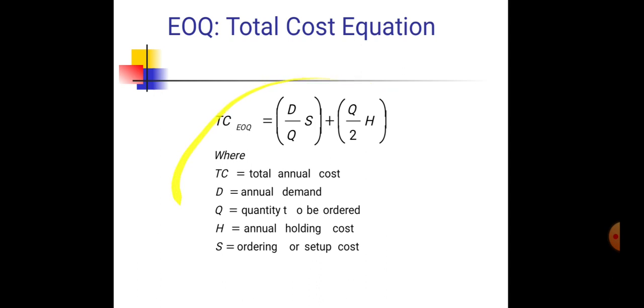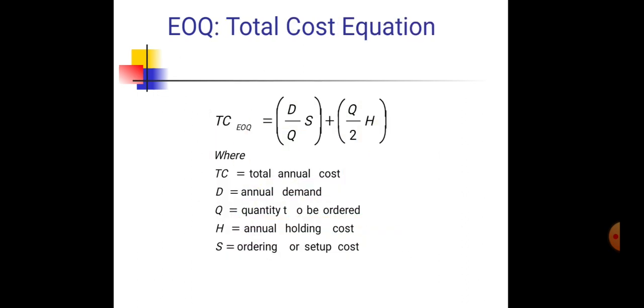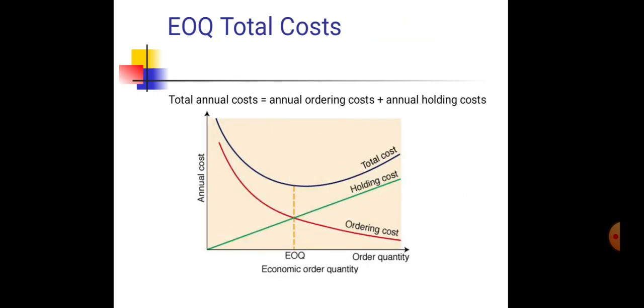So this is the total cost. You can see the total cost is a sum of holding cost and ordering cost.